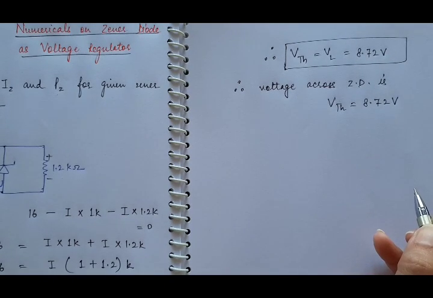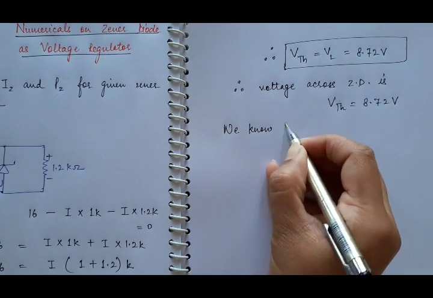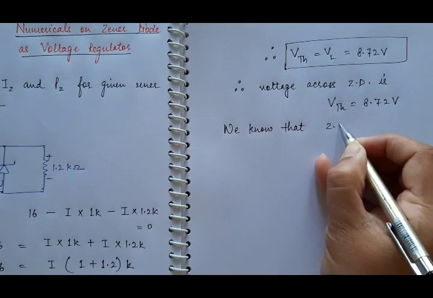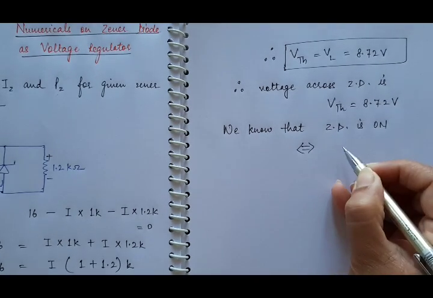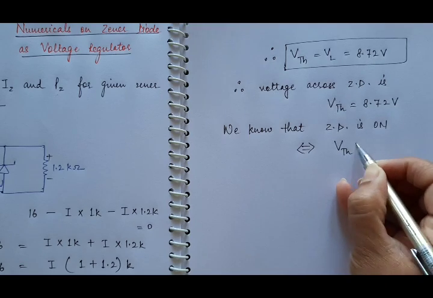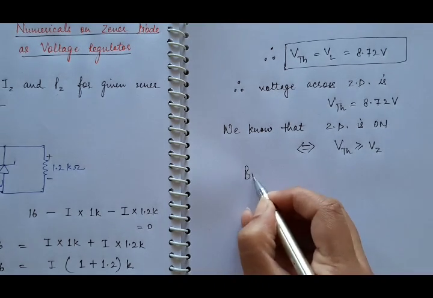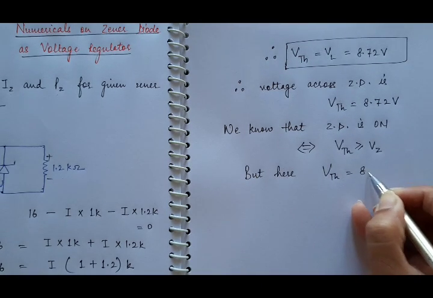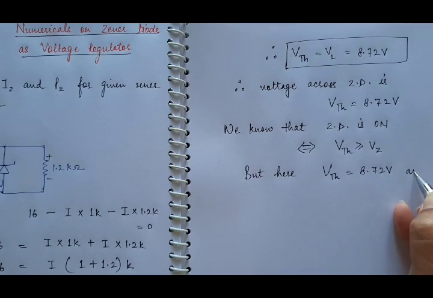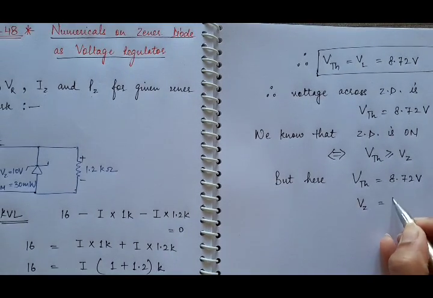And we know that Zener diode is on if and only if VTH is greater than or equal to VZ. But here, VTH we have calculated as 8.72 volts, and VZ is given, which is 10 volts.